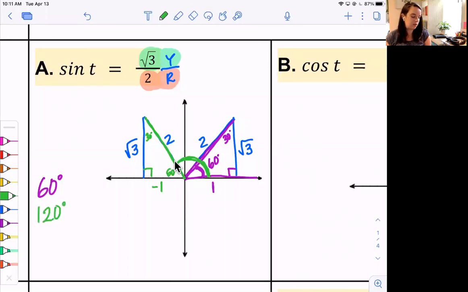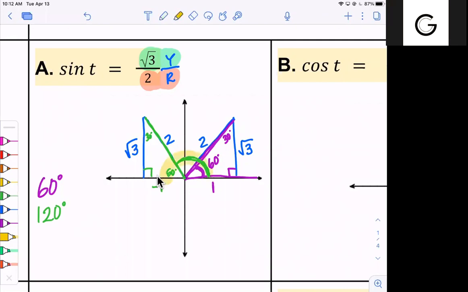Gally, can you tell us about why you got 120? You know that a flat line is 180, and since you're looking at the triangle on the left, you know that your angle that you have covered is 60 degrees, so you would subtract 180 minus 60, and then you would get 120. Absolutely. Thank you, Gally.